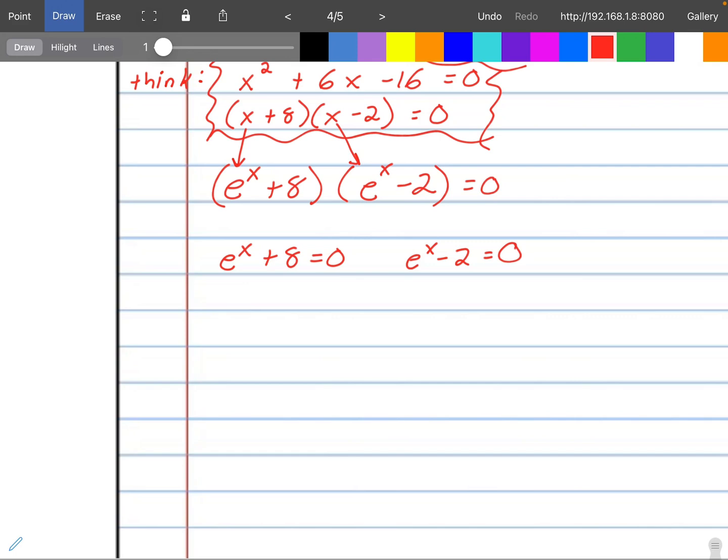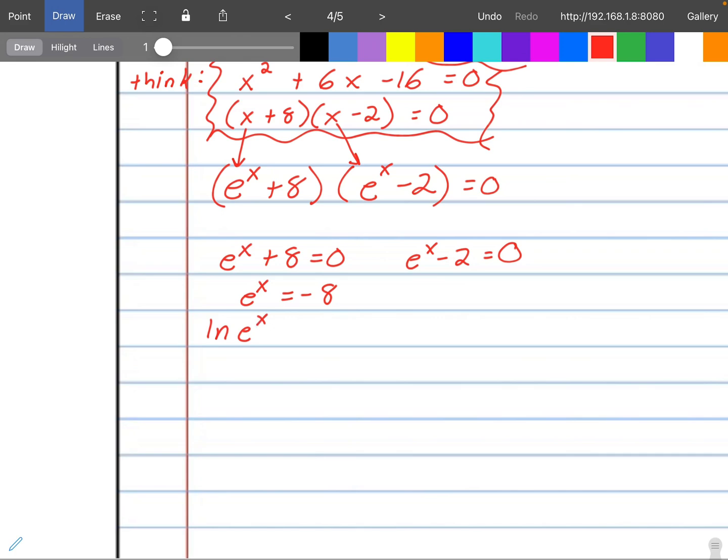Now we have two little equations to solve. x is in my exponent, so I know that I am most likely going to need to use a log to solve it, but before I can do that, I've got to get rid of the 8 and the 2. For the first one, I subtract 8, which gives me e to the x equals negative 8.